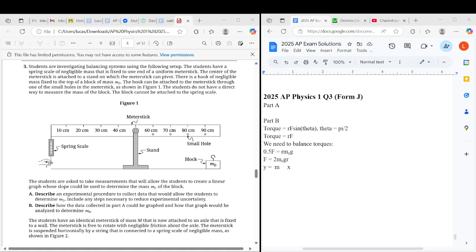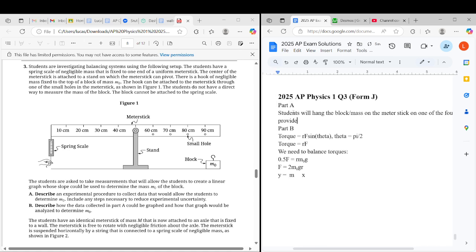So we know what values we need to find. So all we need to do is show how to find them. Students will hang the mass, the block or mass, on the meter stick on one of the four holes provided.